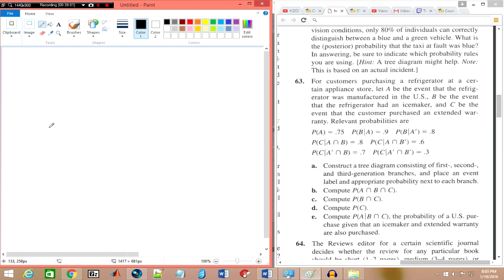Alright, so the last question says, compute probability of A given B and C, the probability of a U.S. purchase given that an ice maker and extended warranty are also purchased. So, again, well, the probability of A, given that B and C happen, oh my god.